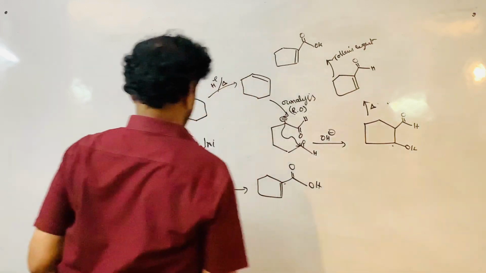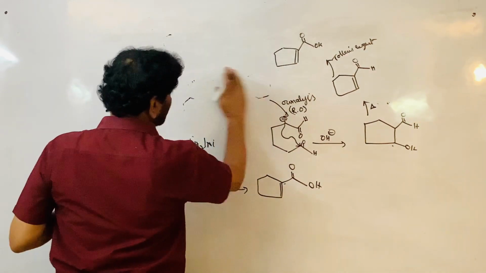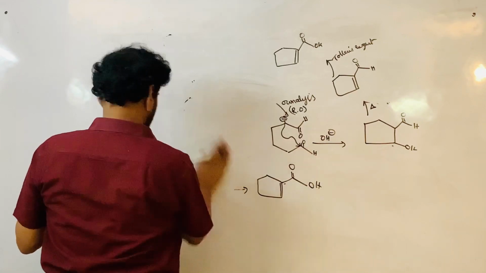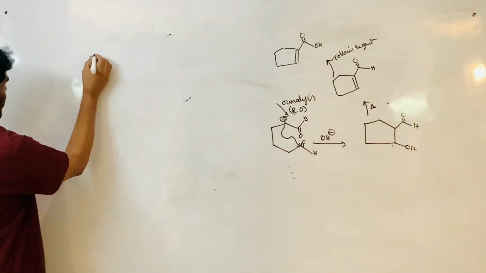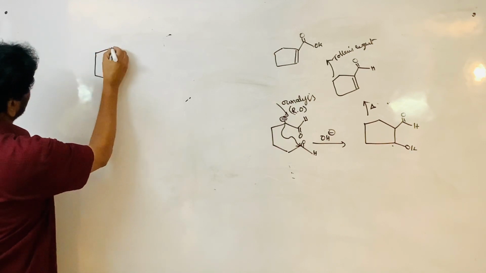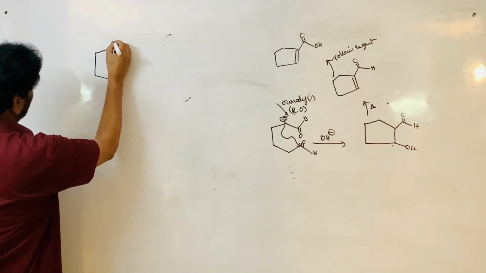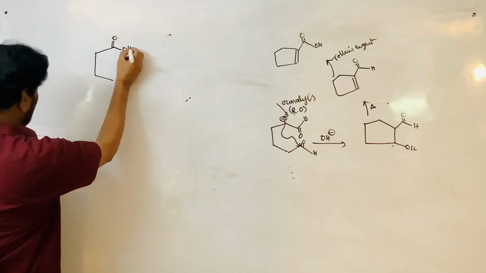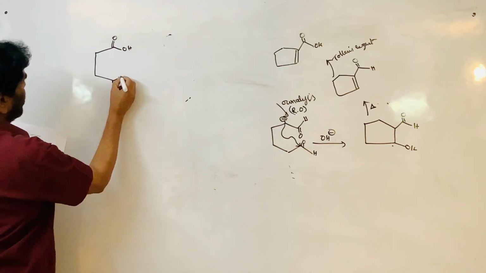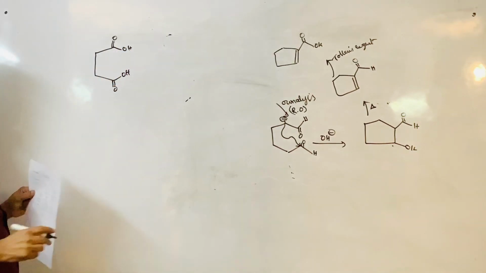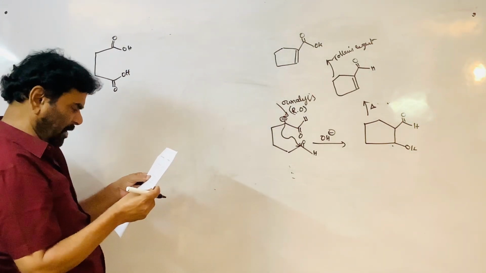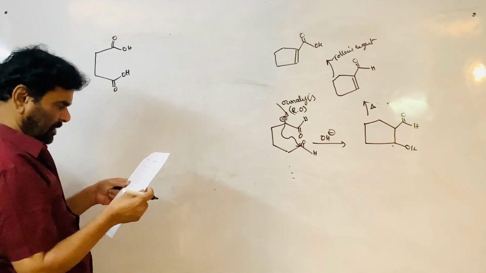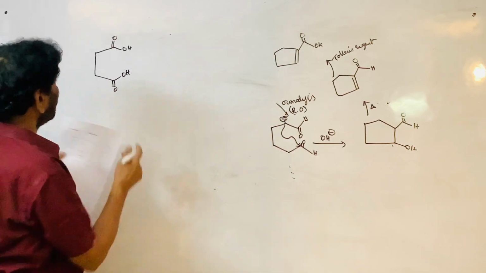Good procedure. And now the sixth one is succinic acid, butane 1,4-dioic acid, to the corresponding hexanoic acid.